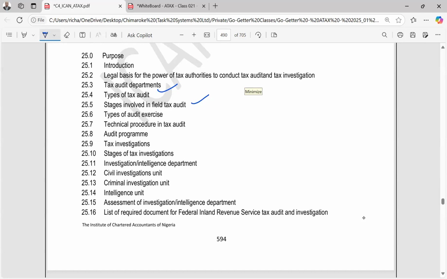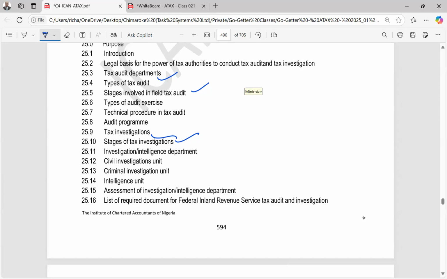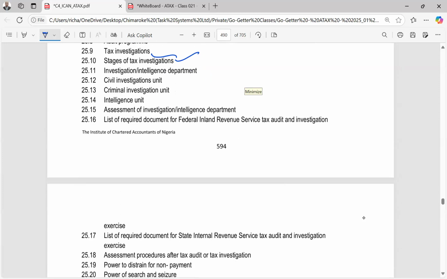Then we will look at tax investigation, stages involved in tax investigation. So these are the major things that we will cover during this period because we are going to be focusing on what is relevant for your exam.